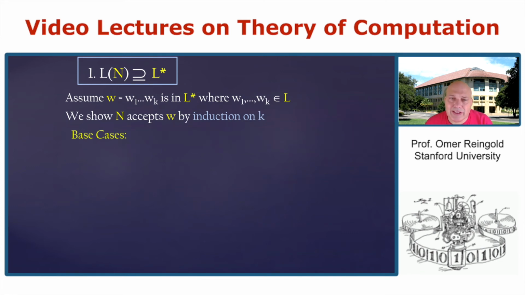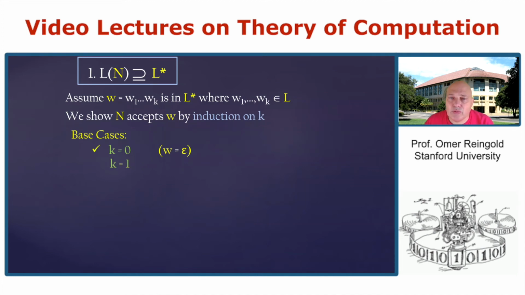The first base case is when k equals 0. When k equals 0, we're talking about the empty string. And we made this construction such that the empty string is accepted because the start vertex is an accept vertex. Whenever the start vertex is an accept vertex, the empty string is accepted.